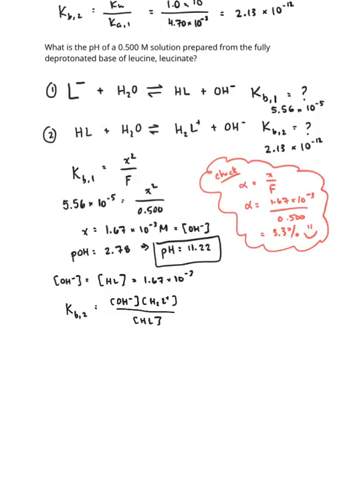That's equal to our 2.13 times 10 to the minus 12. Hydroxide ion and HL concentrations being approximately the same means that any hydroxide produced from the Kb2 reaction, where HL accepts a proton from water, is 7 orders of magnitude smaller than the hydroxide ions produced from the Kb1 reaction. And so we can ignore the contribution from reaction number 2 for all intents and purposes.